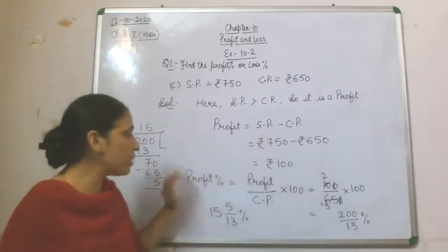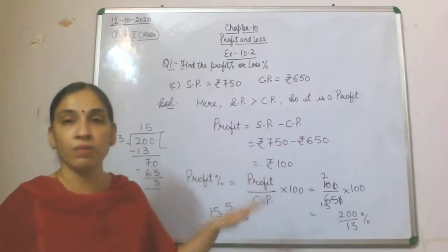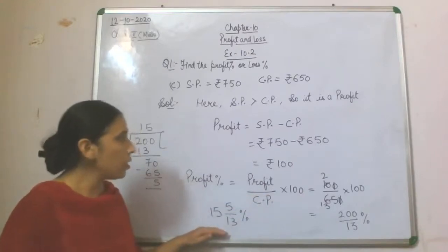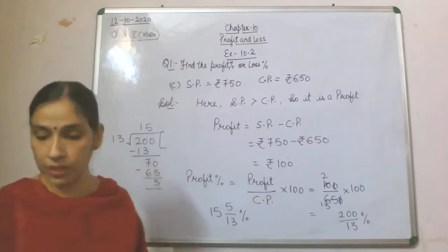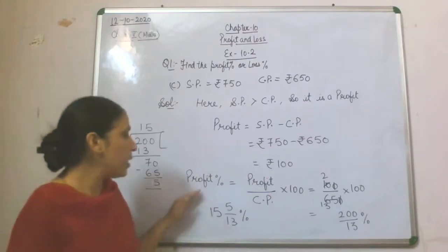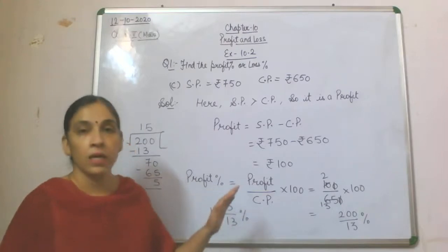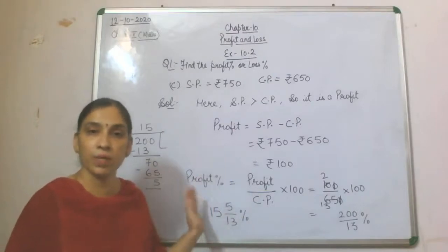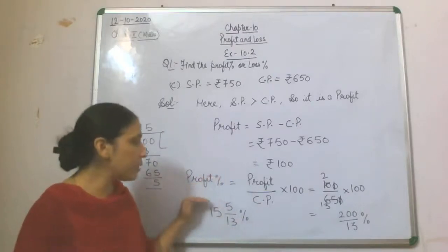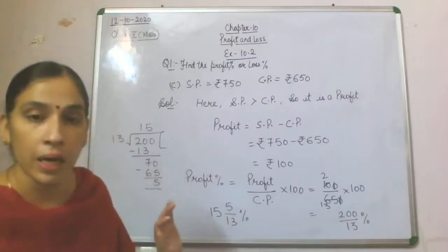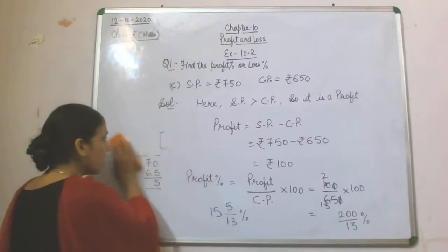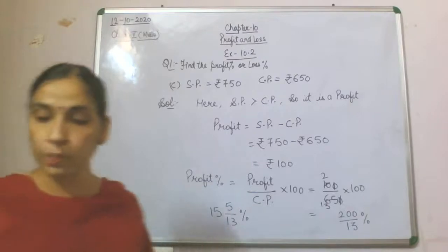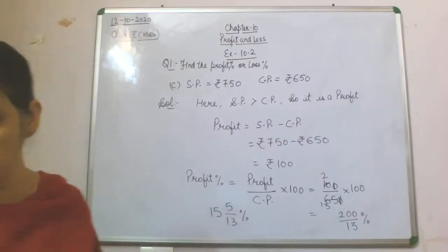Then profit percent is profit divided by CP and then multiplied by 100. Similarly loss we will calculate, after that we can calculate loss percent also. Loss will be divided by CP and then multiplied by 100. So in today's class we have done the method of how to find profit percent and loss percent on a particular item.